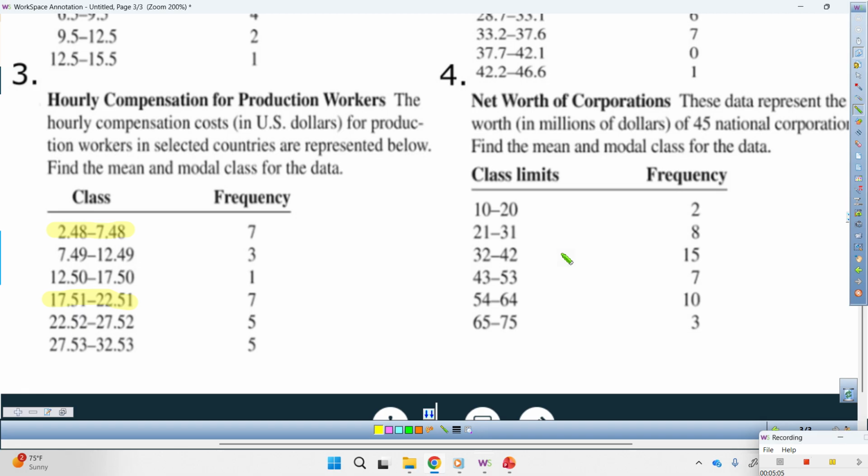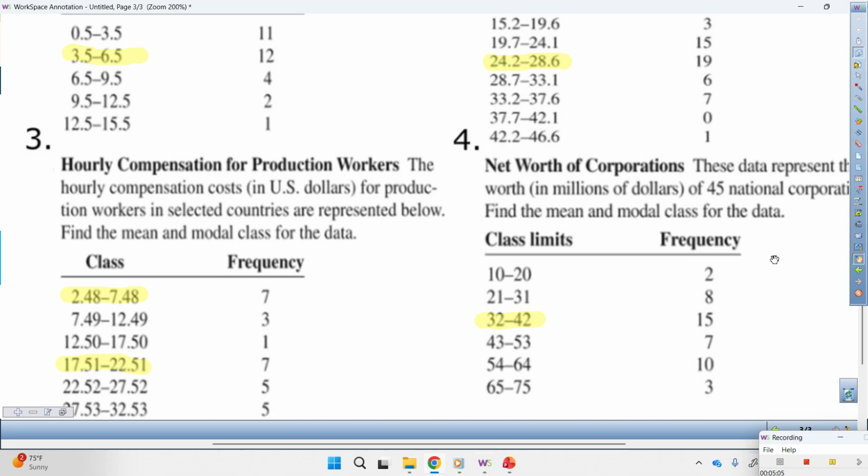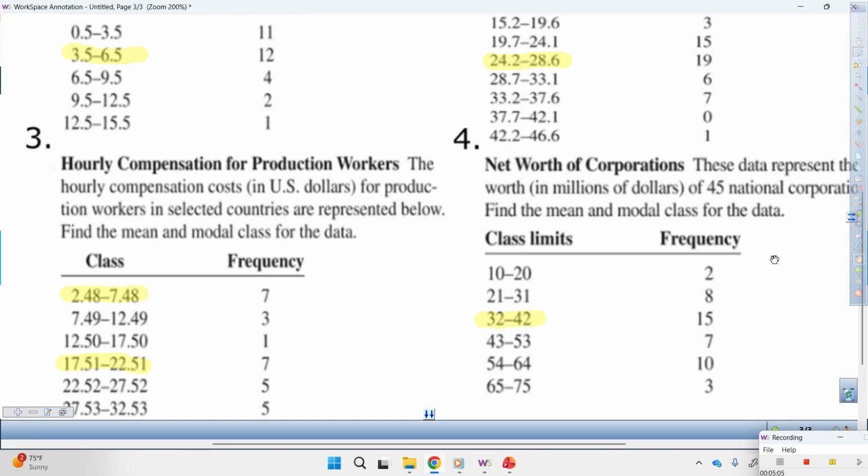Okay, now tell your neighbor what modal class means. What does modal class mean? All right. So, elaborate on this one. Who went last? Was it Jordan? Jordan, pass the one. Hades, what is a modal class after I highlighted these?